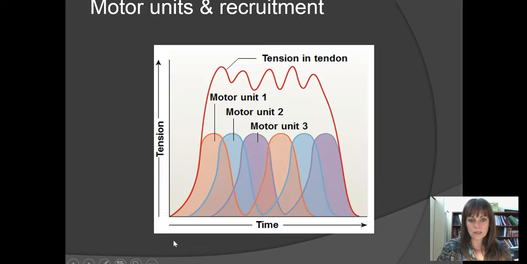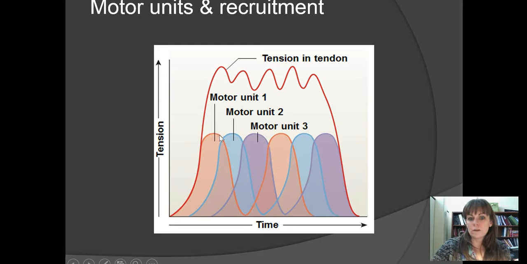Okay, so how does this work together? Let's make sure we can read this graph. So here we're talking about time. So time is passing as we move to the right. Here we're talking about tension. Okay, and what we're going to see is that we alternate between motor units. So here we've got the red motor unit, it's contracting, and then those cells may need to relax.